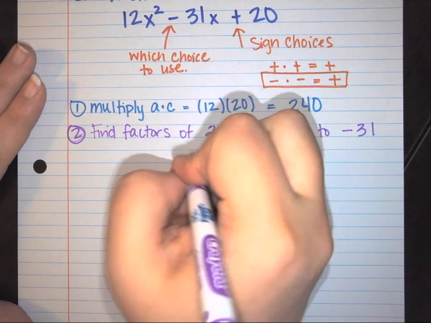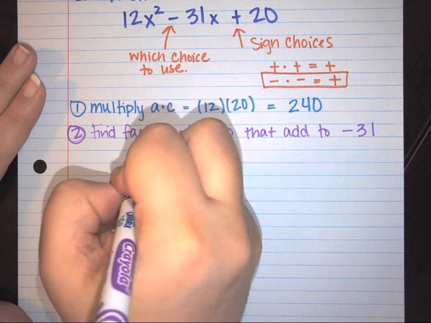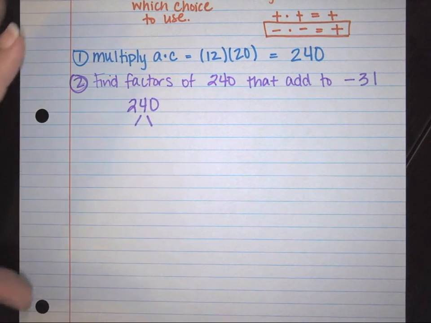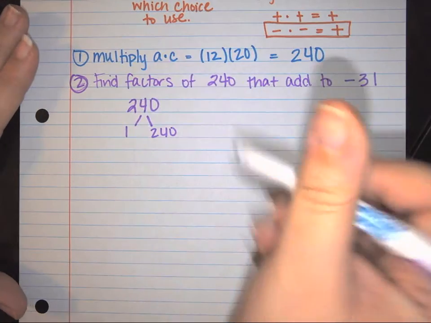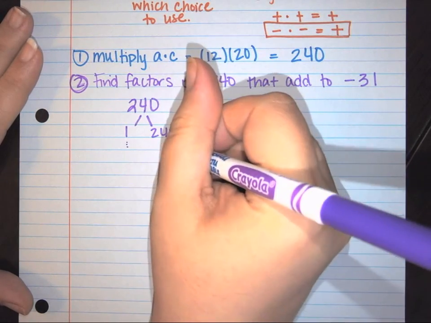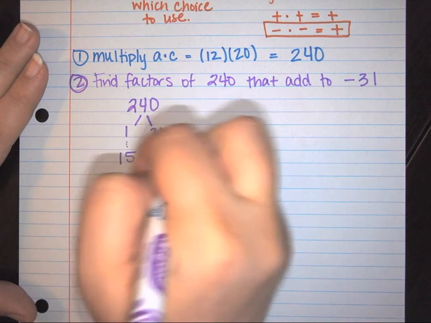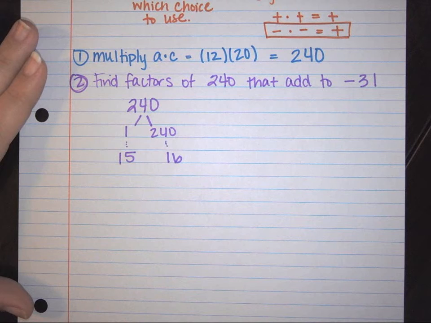So I'm going to look at my 240 in terms of its factor tree. Now you could list out all the factors if you wanted. So for example, we know that there's 1 and 240, and so on, all the way down. And we're going to get to 15 and 16, and when we combine those we get 31.